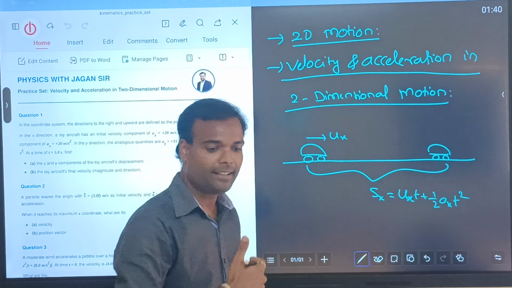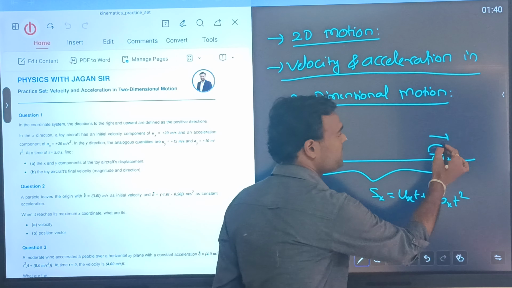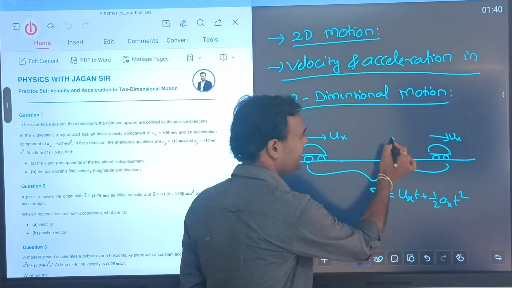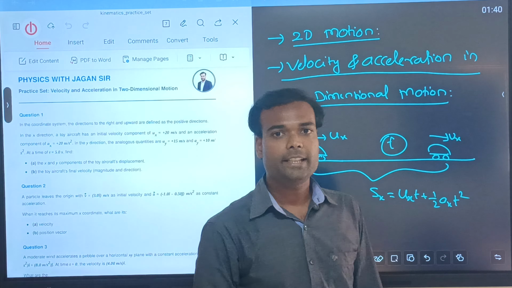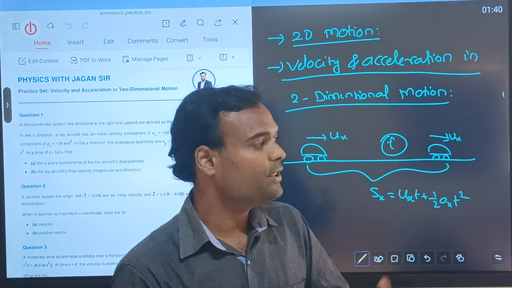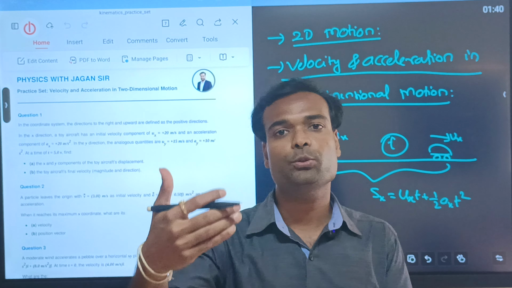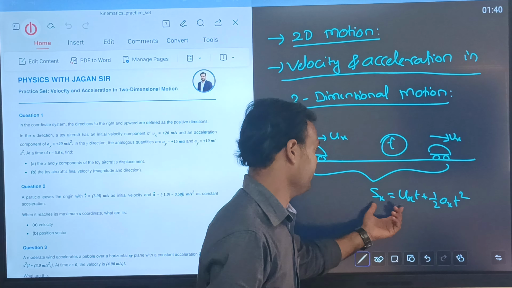Similarly, velocity Vx, the final velocity attained by the object at this location, is Vx = ux + axt after some time t. And the third point, v² - u² = 2as, also, Vx² - ux² = 2ax Sx, like this with suffixes.